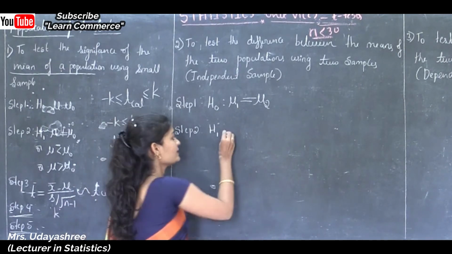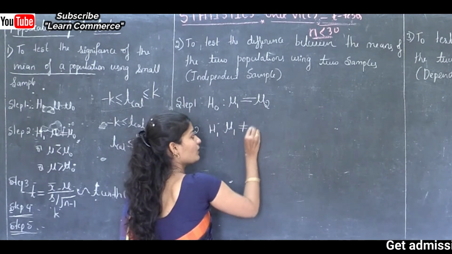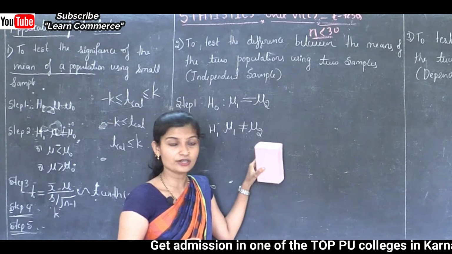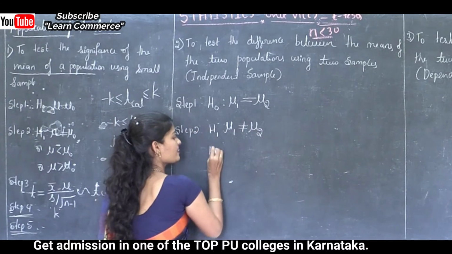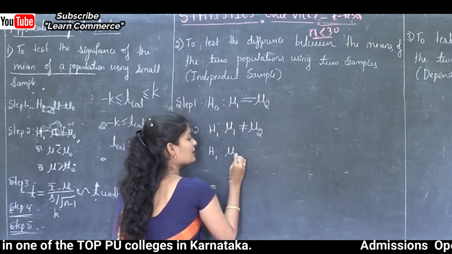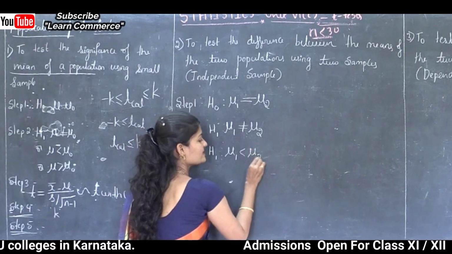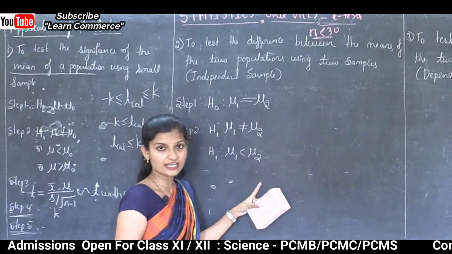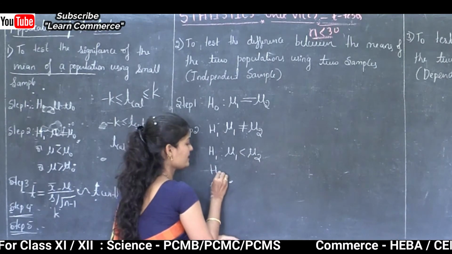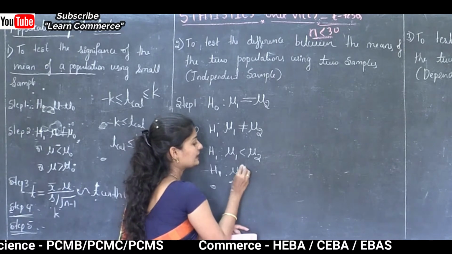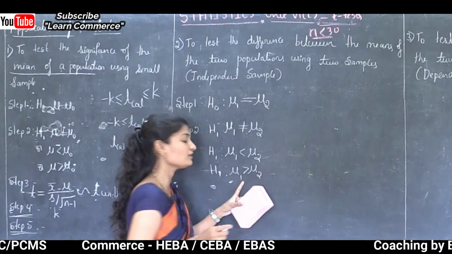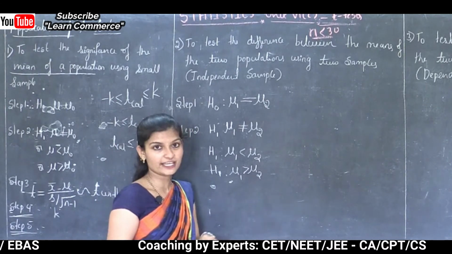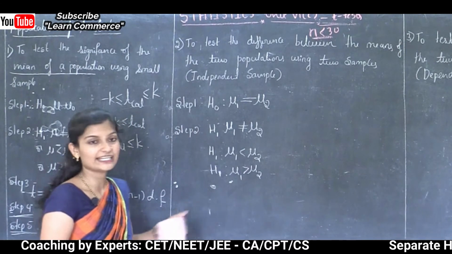So here I will write mu1 not equal to mu2, meaning the two population means are not equal, or mu1 less than mu2, meaning the mean of the first population is less than the mean of the second population, or mu1 greater than mu2, meaning the mean of the first population is more than the mean of the second population. Okay, these are the alternative hypotheses.